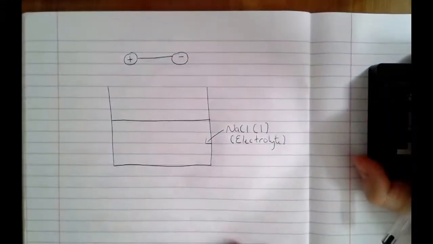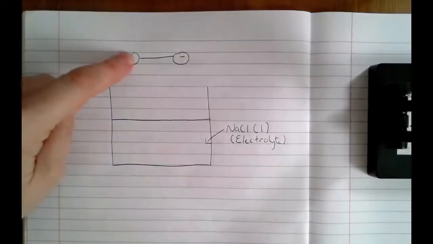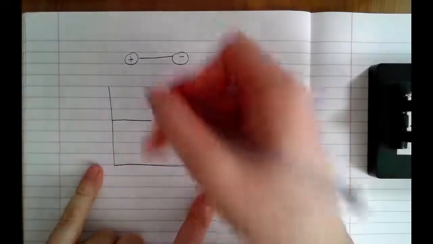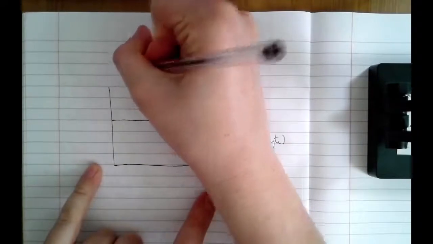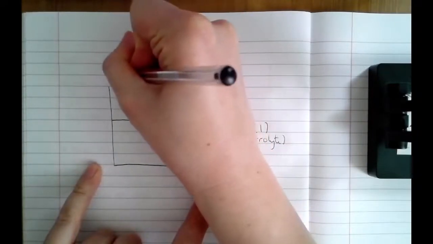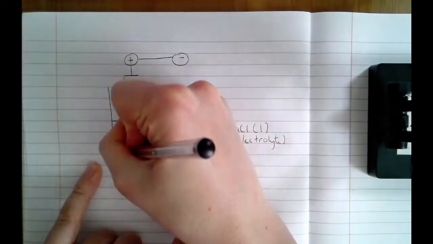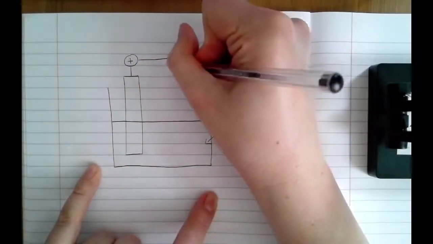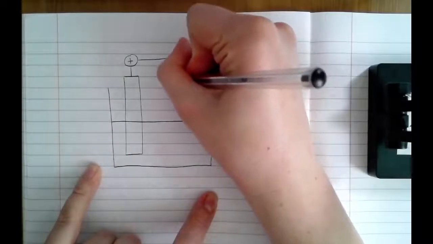Okay, I need my electricity to get from the battery into my ionic compound. For this to happen, I'm going to use substances called electrodes. I'm going to connect one electrode to the positive end of the battery, and another electrode to the negative end of the battery.